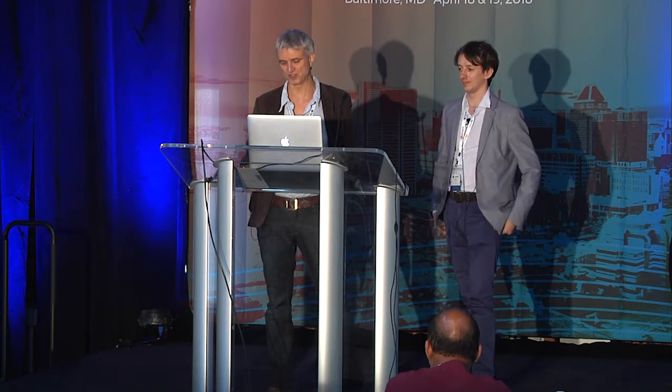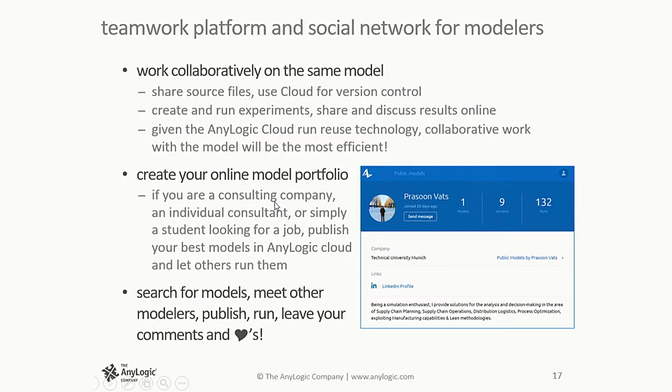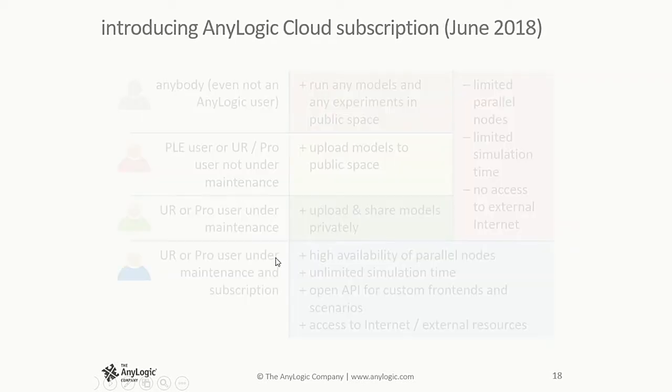Then, for individual modelers, individual consultants, and consulting organizations, you can create your online live model portfolio. And then when you're marketing your services to anyone, you can just send a link to a model in AnyLogic Cloud. And obviously we have all the social network functionalities like comments, likes, etc.